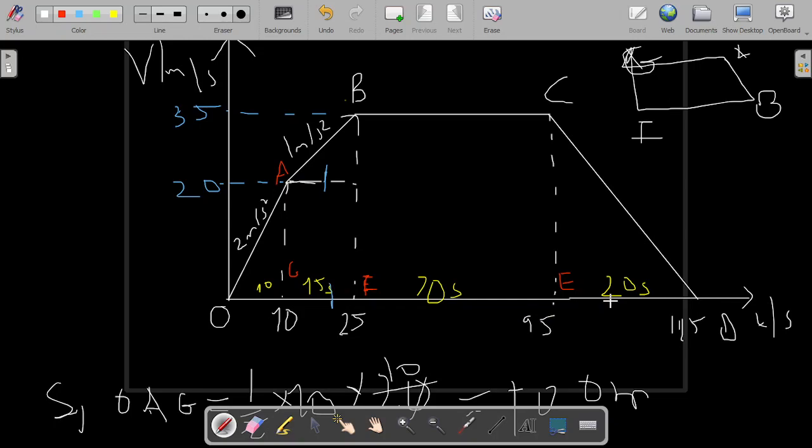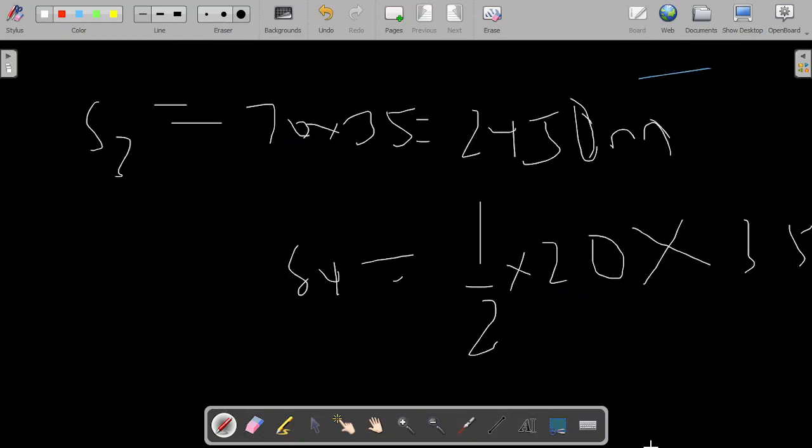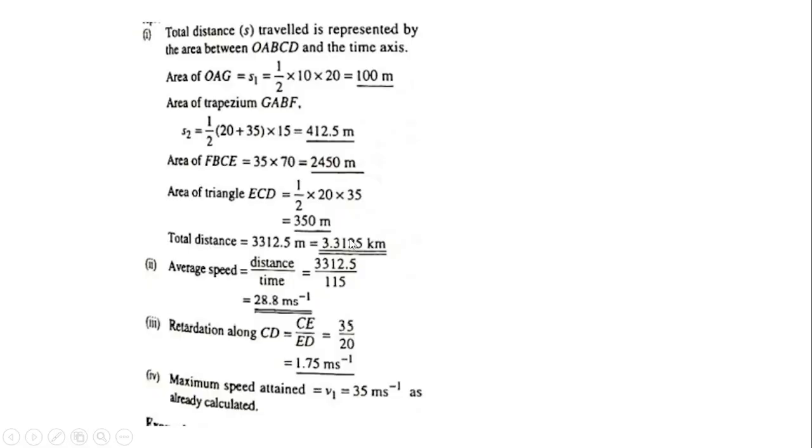So for S4, 1 over 2 times the base, which is 20, times the height here, that's 35. So for S4 we have 350 meters.